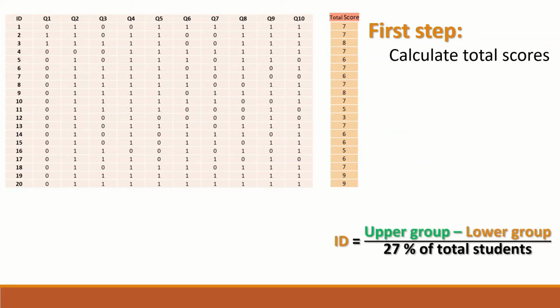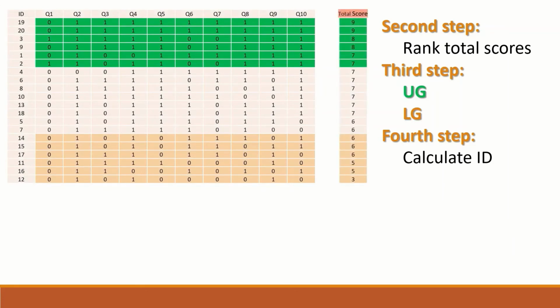Using the item discrimination equation given below, the next step is to rank the total score achieved by each student from high to low in descending order, as shown in this slide.